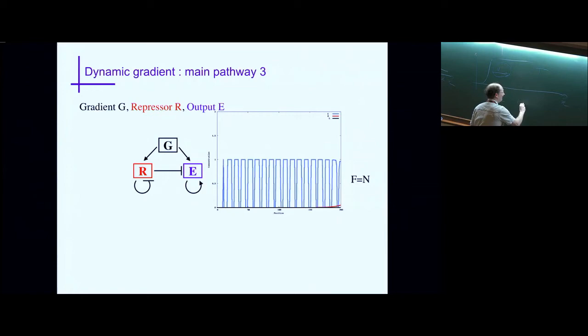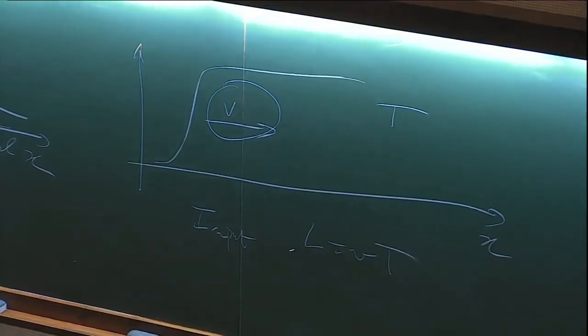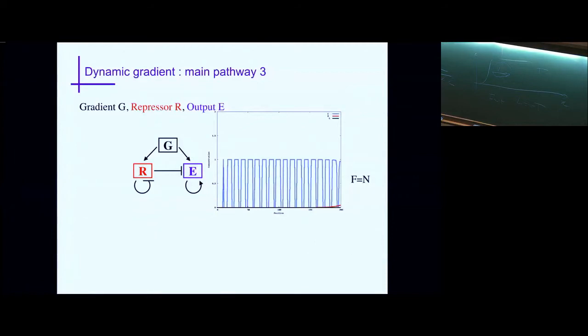You just multiply. The size of the stripes is actually speed times period of the oscillator. So if I increase the period of the oscillator, I will have bigger segments. If I decrease the period of the oscillator, I get a fast oscillating system, and you have smaller segments.